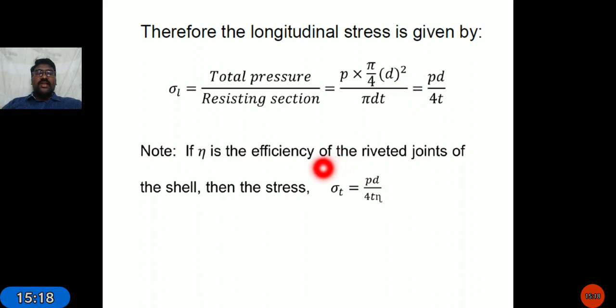It is the stress developed in the pressure vessel due to the longitudinal stress. Now whenever we consider the efficiency of the joint, by adding this efficiency in the denominator of the equation, the longitudinal stress equals Pd by 4t into efficiency.